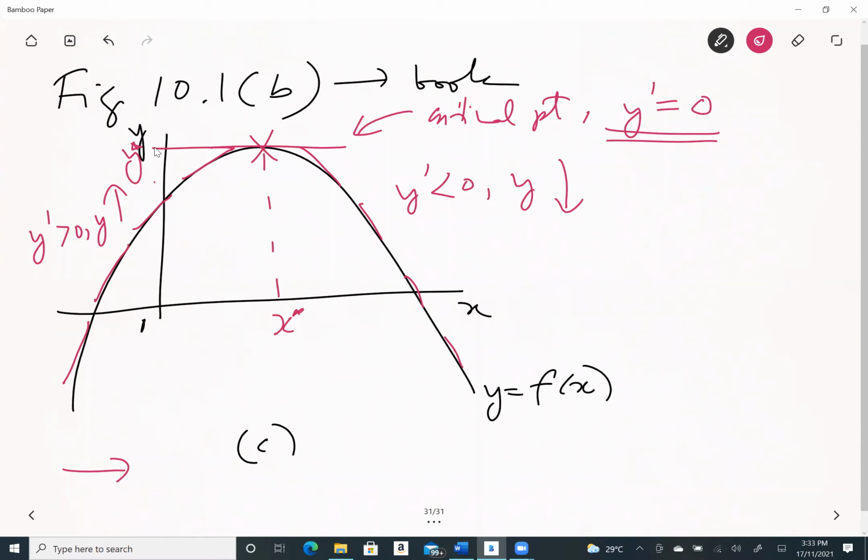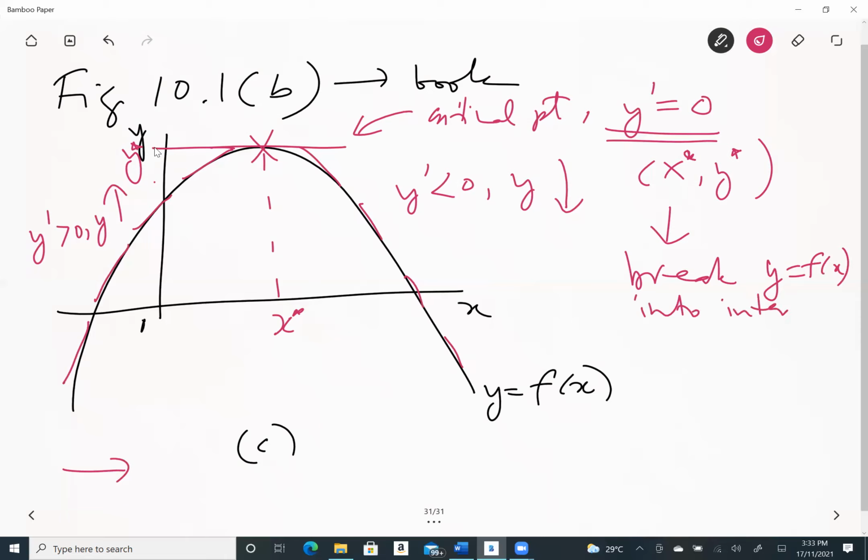The critical point, where y prime is equal to 0, suppose at x star, y star, will divide or break the function y equal to f of x into intervals. So that is x star, and we have two intervals, one to the left and the other to the right.